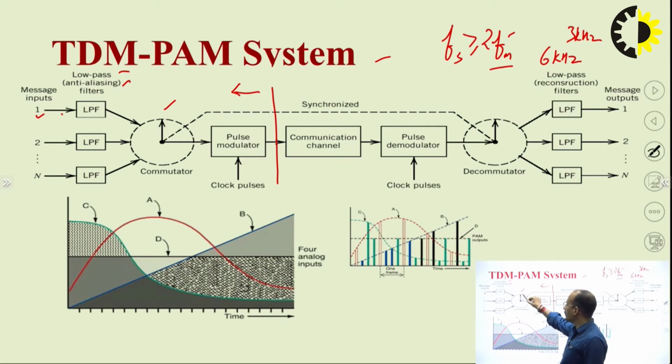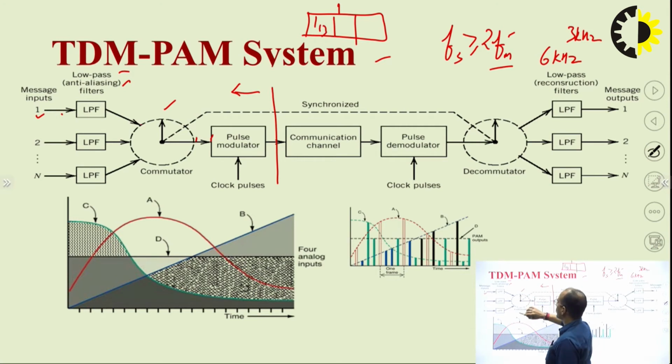So, as per the sampling frequency, this commutator changes its position one by one across all the inputs, and by that we get a frame. You can see here there are 3, so if it is 1 second, 1 by 3 second it will be connected here, then 1 by 3 from here, then 1 by 3 from here, and you get the TDM frame output at this pulse modulator.